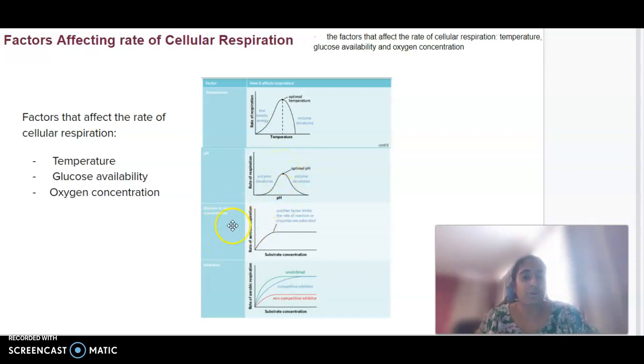In terms of glucose or oxygen concentration, initially it's going to increase the rate of reaction, but eventually it's going to plateau a little bit as that substrate concentration continues to increase. The rate of reaction will stabilize. And inhibitors, depending on the type of inhibitor, will have a different impact on the rate of reaction, but they'll most likely plateau as well.